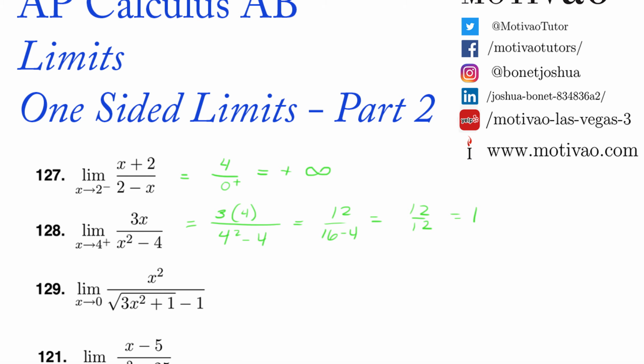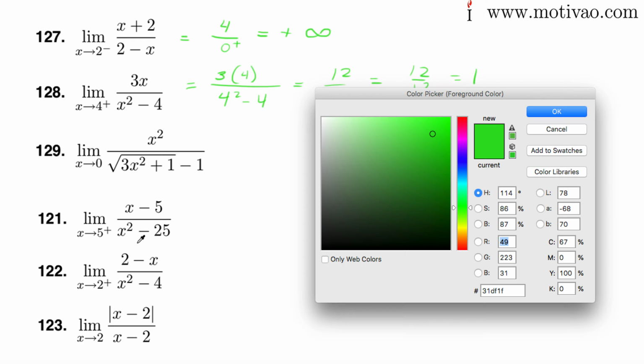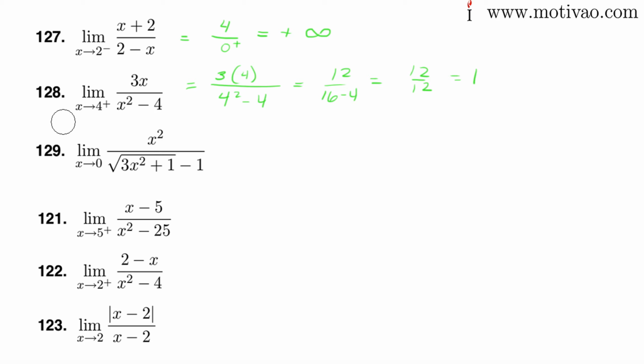Okay? Now this one, if you saw the first video, you have a conjugate. I would suggest you do the same here. So let's multiply by the conjugate. Let me just go straight to the multiplication, and let me change my colors as well.